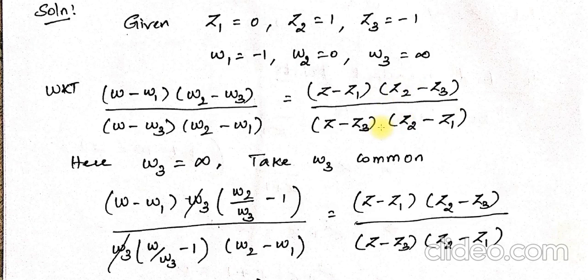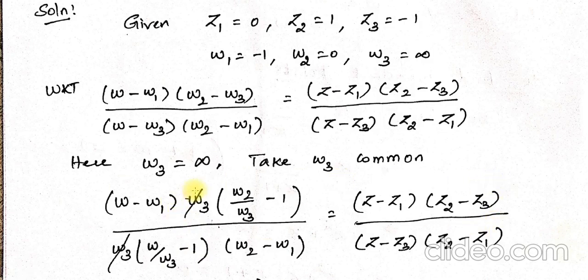Whatever points were given as infinity, we should take those terms outside as common. See here, W3 is infinity, so I am taking out W3 from this term. So the formula changes like this: if I am taking W3 outside, it will be W2 by W3 minus 1. Similarly, in the denominator, I am taking out W3, so the term will become W by W3 minus 1. Okay? There are no changes in the remaining terms.